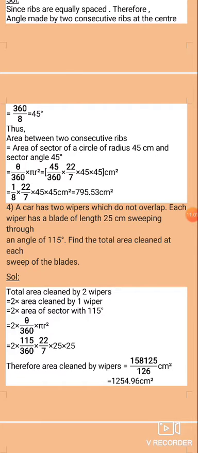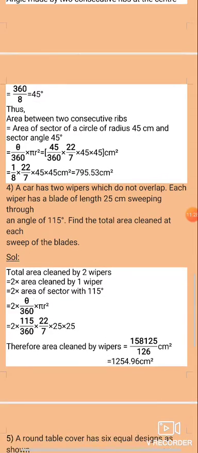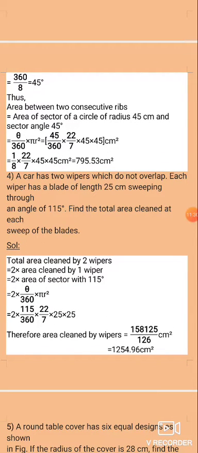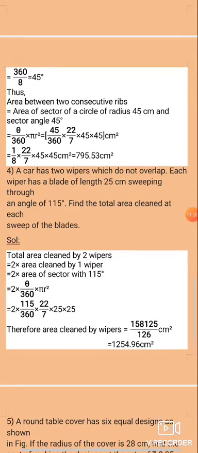First you make it in the lowest form. Cut it using 5. At last multiply the numerator numbers and multiply the denominator separately. Write the answer as a fraction. If time is there, you can divide it and write the answer. First one, 1,58,125 by 126. Then when you divide it, 1254.96 centimeter square.